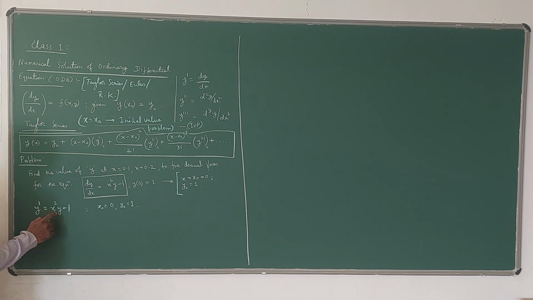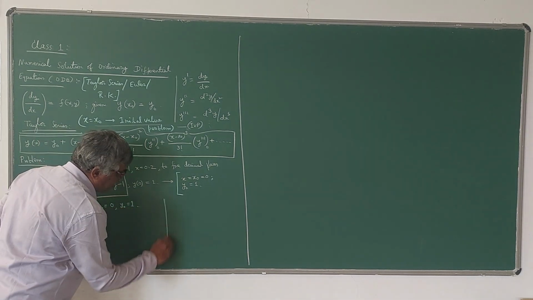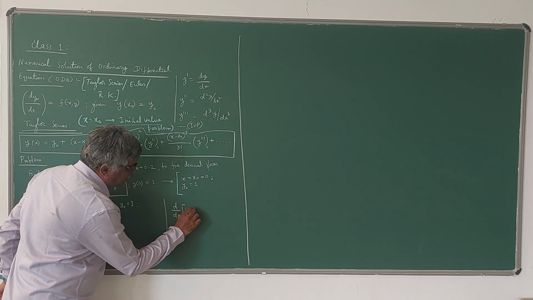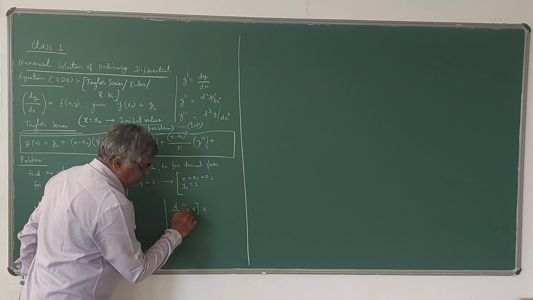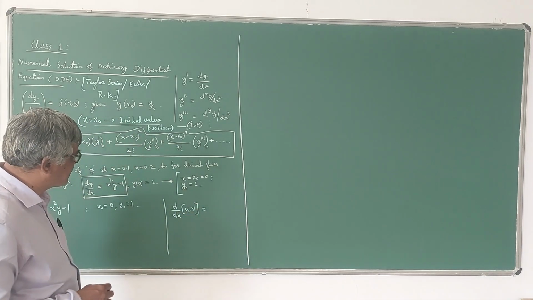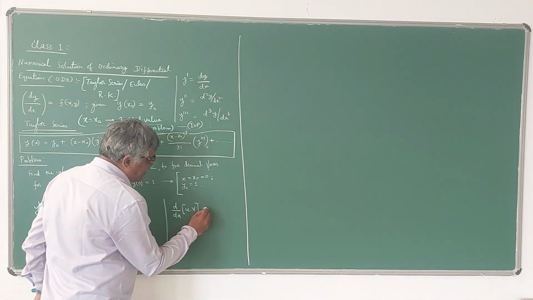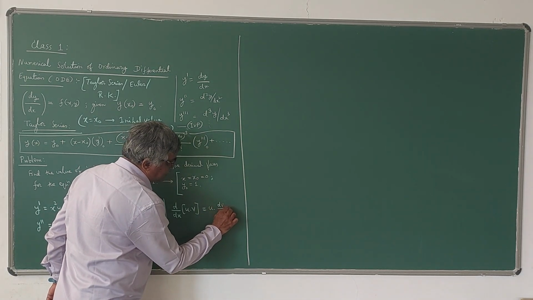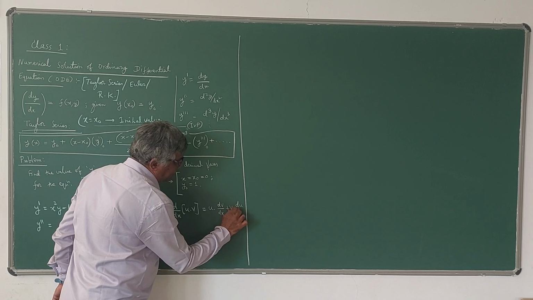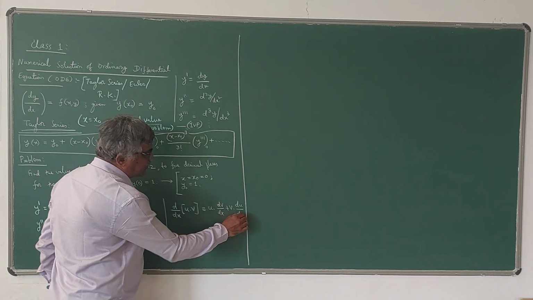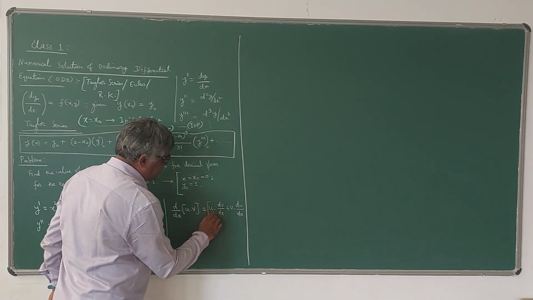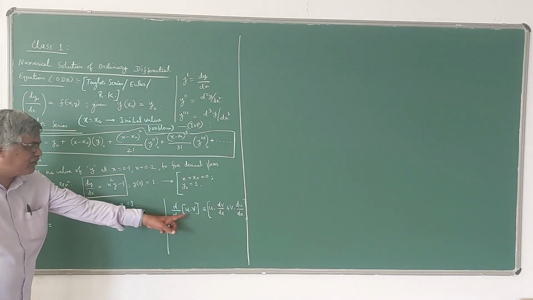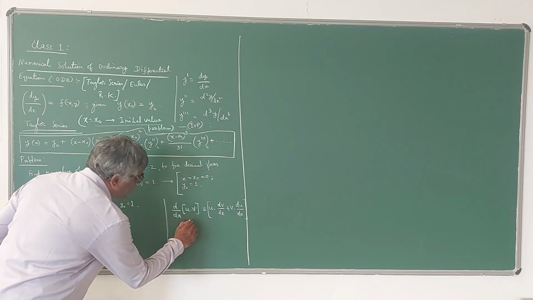The product rule states that the derivative of the product of two functions u and v, where both u and v are functions of x, is given by first function into derivative of second function plus second function into derivative of first function. All this you should know from differential calculus in your lower classes. This is called the product rule.